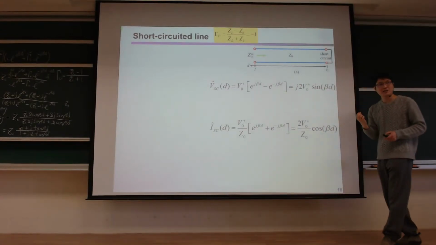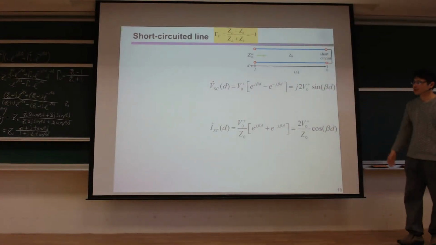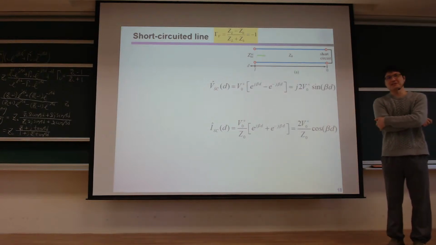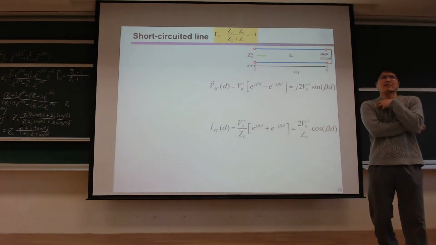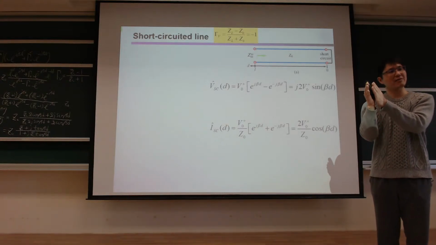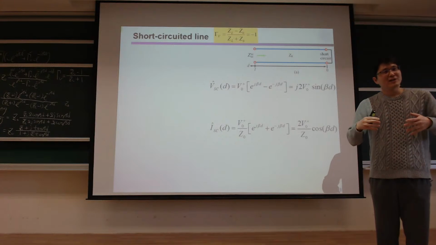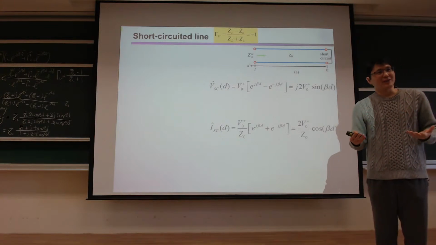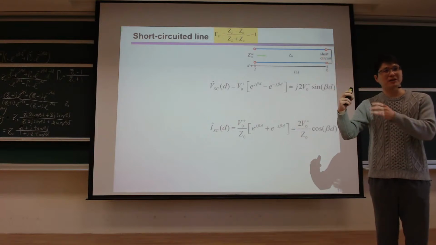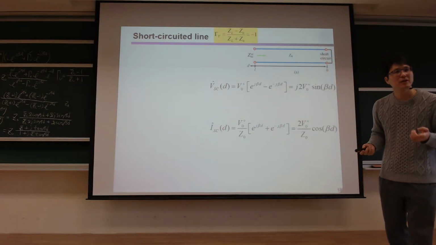Right? So voltage has to be 0. What happens to the current? Think about it. Usually, our understanding is, well, if a position is not having voltage, your current is voltage divided by impedance, right? So 0 divided by something is still 0.